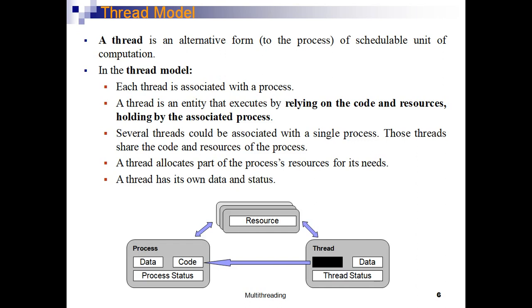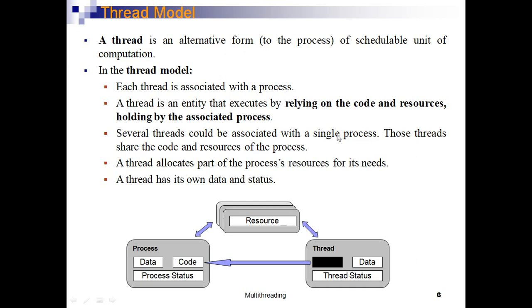The status of the electrical assistant will come based upon his experience in the electrician's view. So if a senior assistant is there, he will prefer the senior assistants first, then junior assistants. In the same way, every thread has its own data and status. So a thread allocates part of the process resource for its needs.